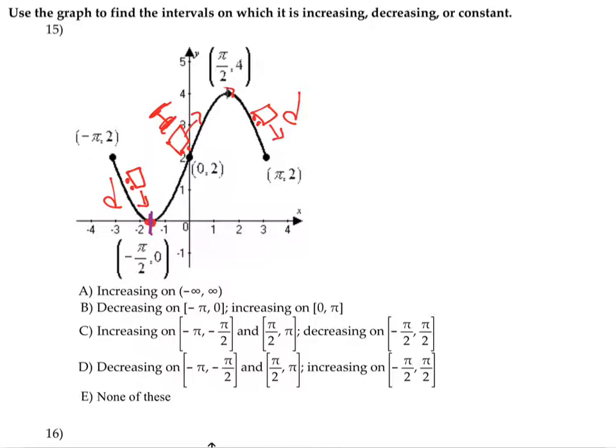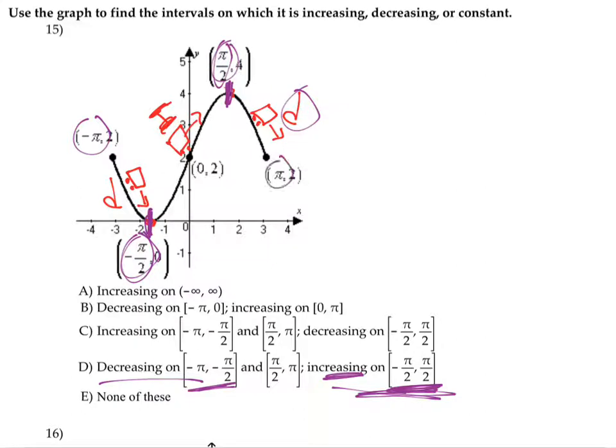Well, you can see right here, this is pi over 2. And this is minus pi. So between minus pi over 2 and pi over 2, it's increasing. And it's decreasing from minus pi to minus pi over 2. And it's decreasing from pi over 2 to pi.